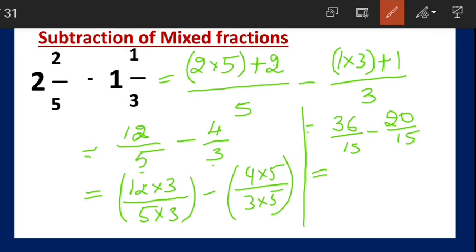So we get 36 minus 20, that is 16 by 15. So divide that, we get 15 ones are 15, 1 whole. 15 ones are 15, after that we get 1 part. So 1 by 15. So 1 by 15 is the answer.